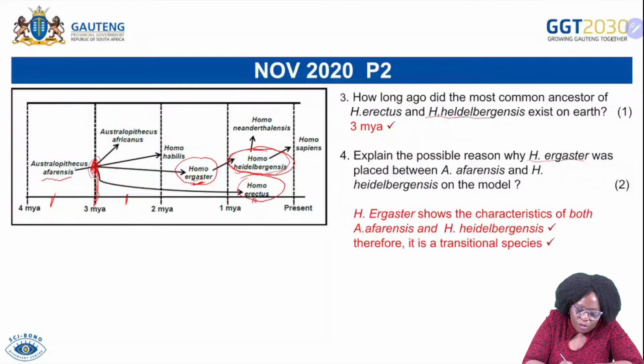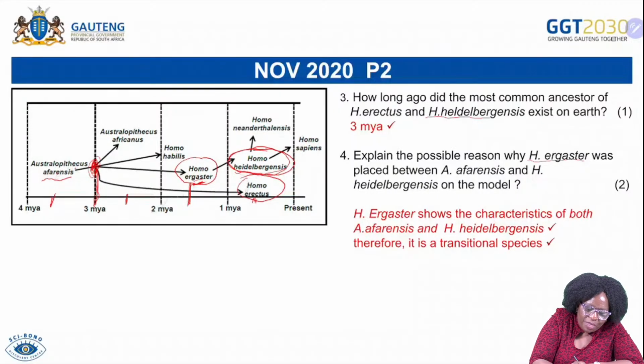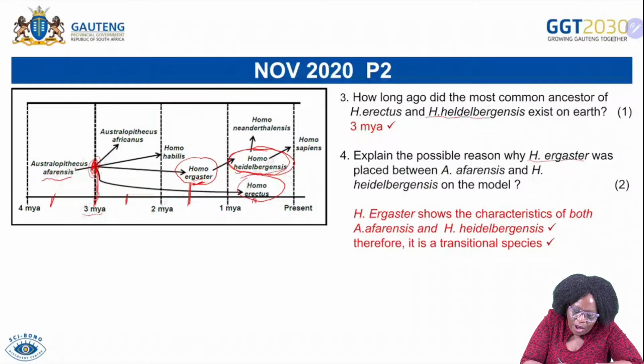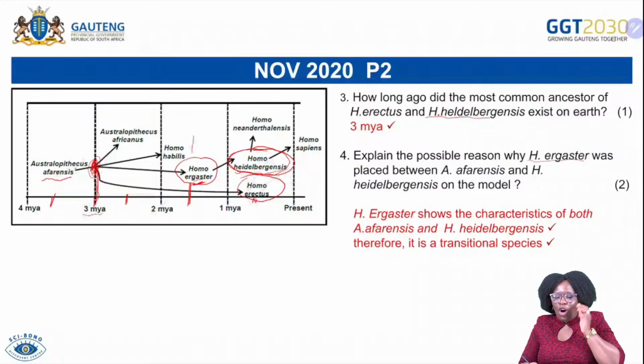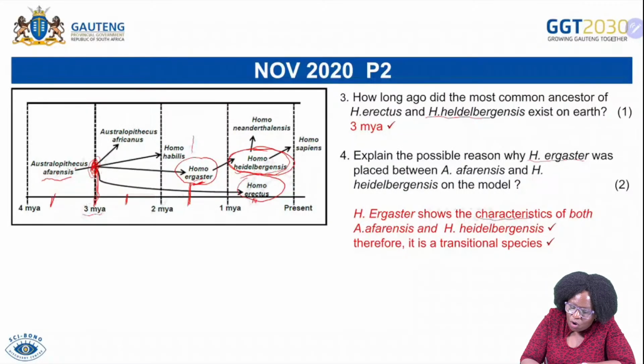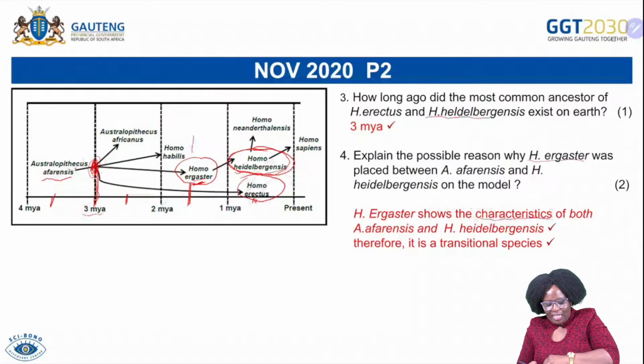And then Homo ergaster is somewhere here, between 1 million and 2 million, but Australopithecus afarensis was the most ancient at 3 million, and Homo heidelbergensis is 500,000 years. So you can see that it's a transitional fossil, carrying the characteristics of the most ancient and the most recent.